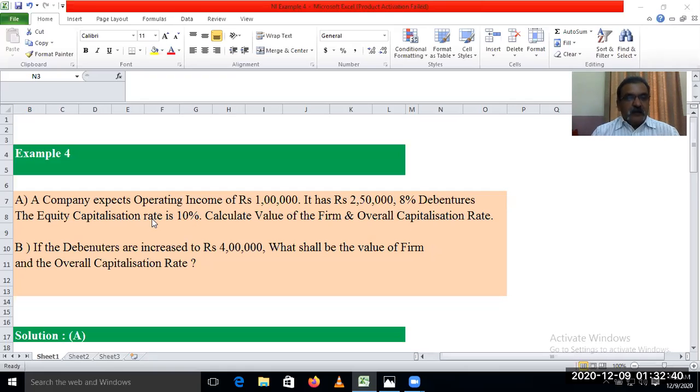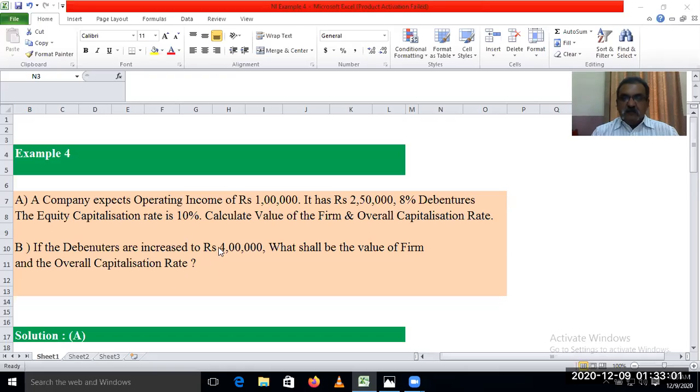This is question A. In question B, if the debentures are increased to rupees 4 lakhs. In first case, debentures are rupees 2,50,000. So if this amount is increased to rupees 4 lakhs, what shall be the value of the firm and overall capitalization rate?